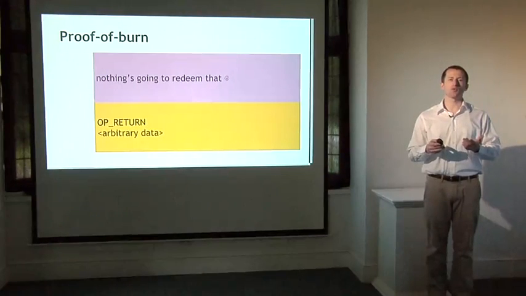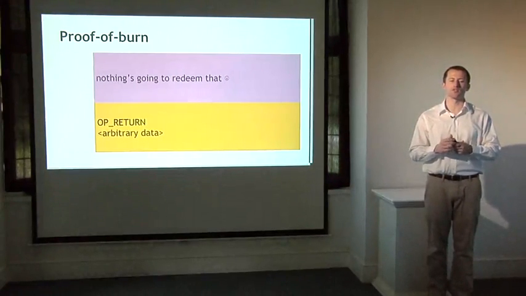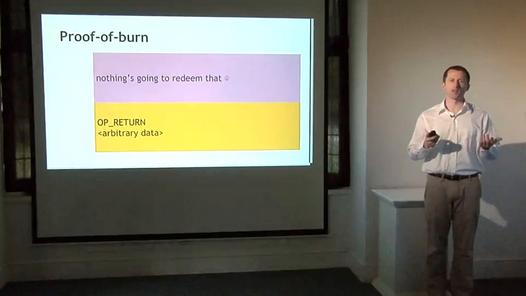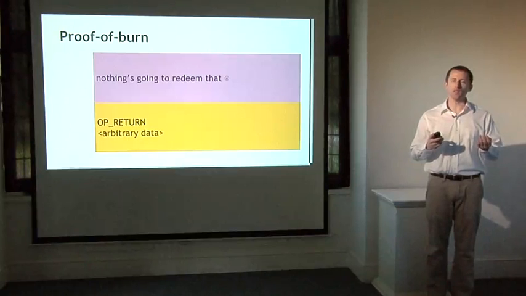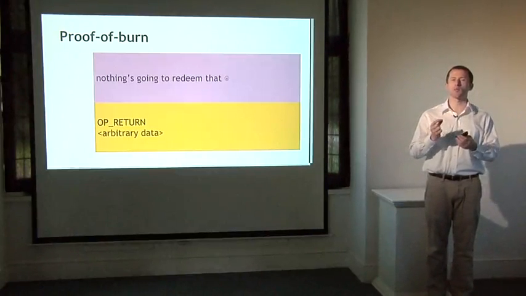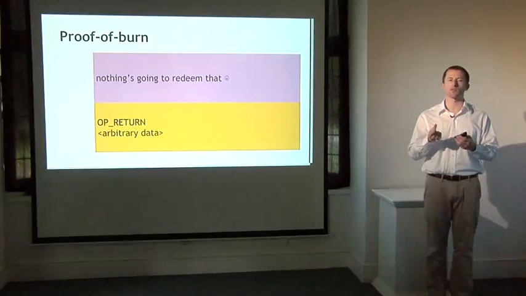So what is the point of proof of burn? Well, there are two main things that this gets used for. The first is to write arbitrary data into the blockchain. If for some reason you want to write your name, or if you want to timestamp and prove that you knew some data at a specific time, you can create a very low value Bitcoin transaction that's proof of burn.